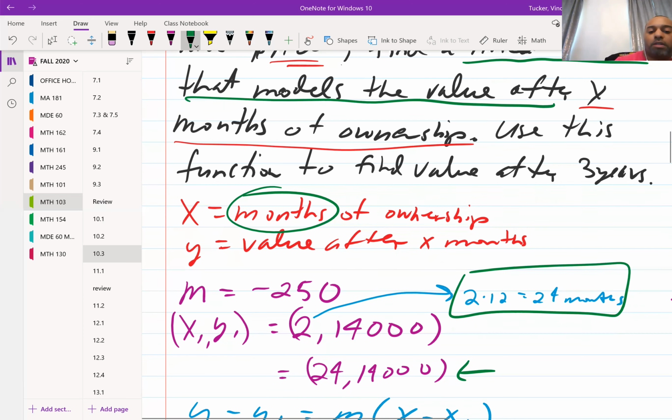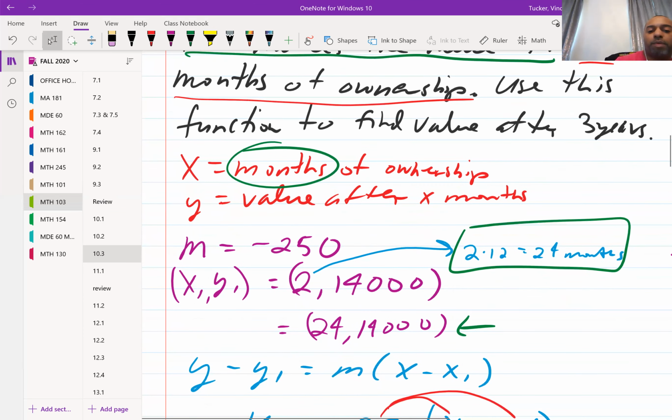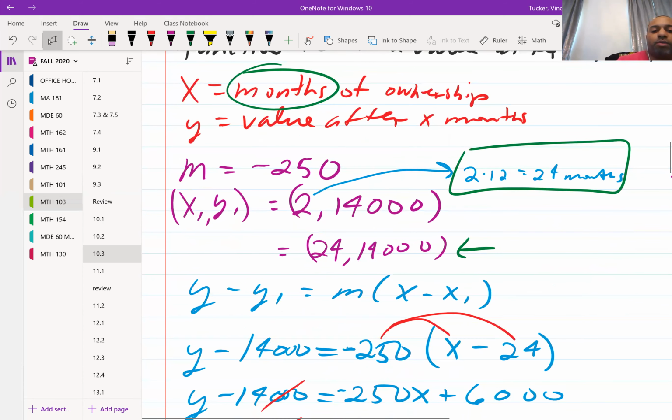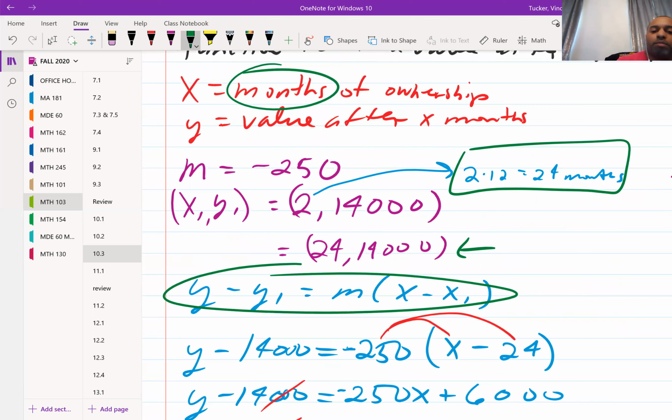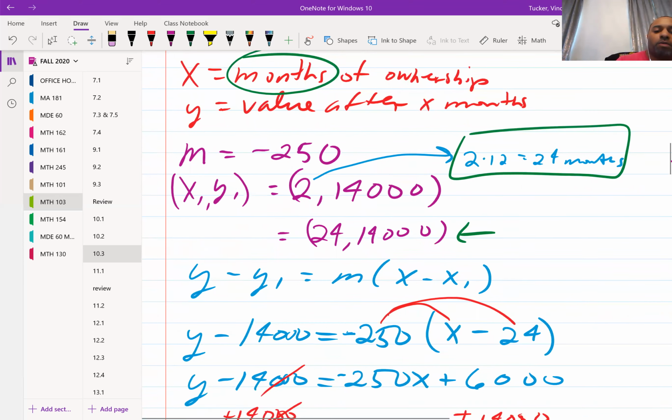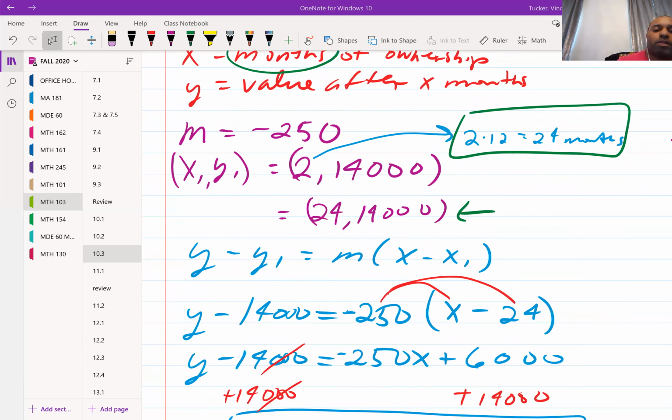All right. So now that we have those three pieces, M, X1, Y1, we can plug them into the point slope formula. Y1 is 14,000. M is negative 250. X1 is 24. Then you go ahead and distribute negative 250.